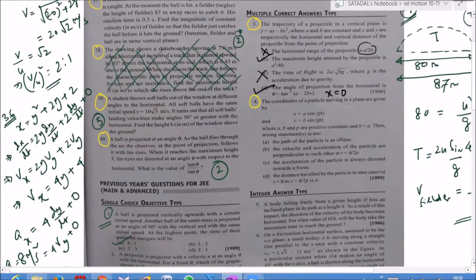Okay, fourth one. I'll just leave here for a couple of minutes. After that, I will start discussing. Okay, no? Okay. Sir, A, B, C are correct, sir. Okay, fine. I will check. Just wait for some time. Sir, C and D are wrong.